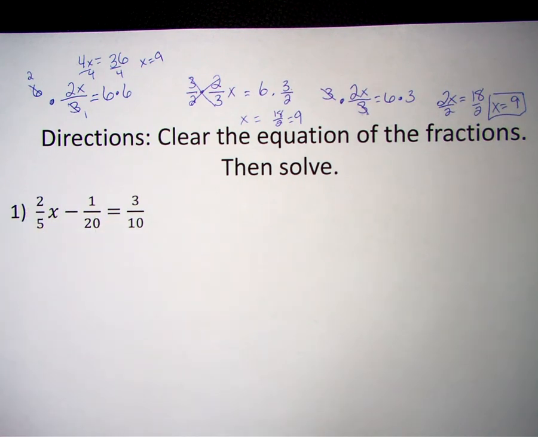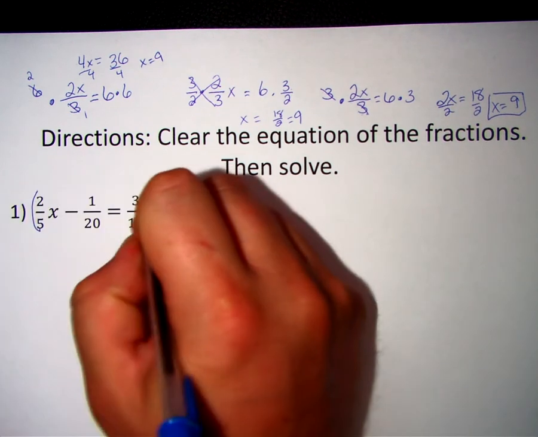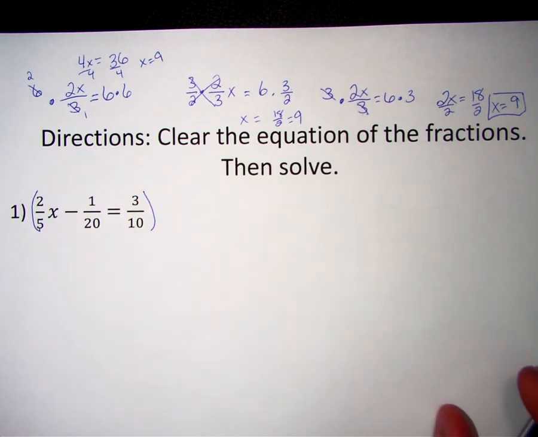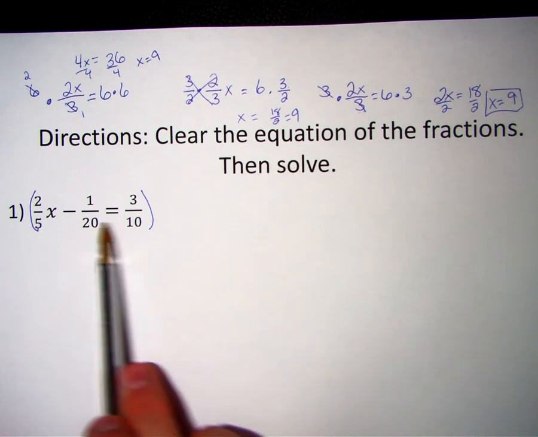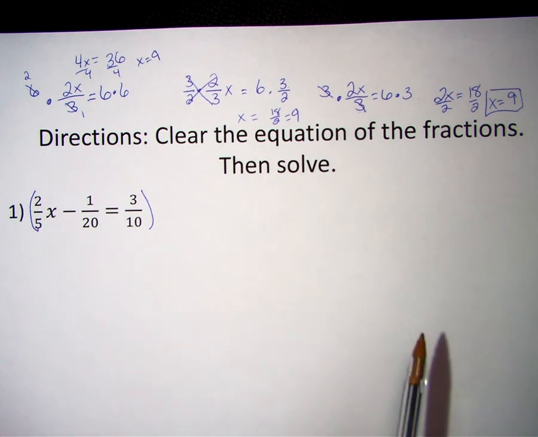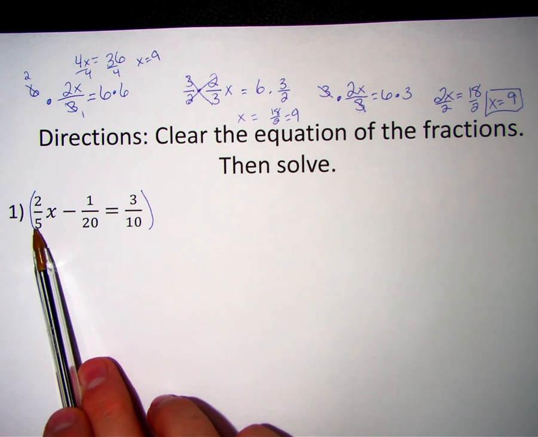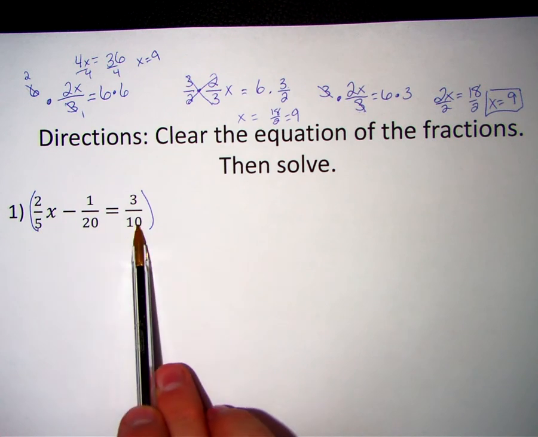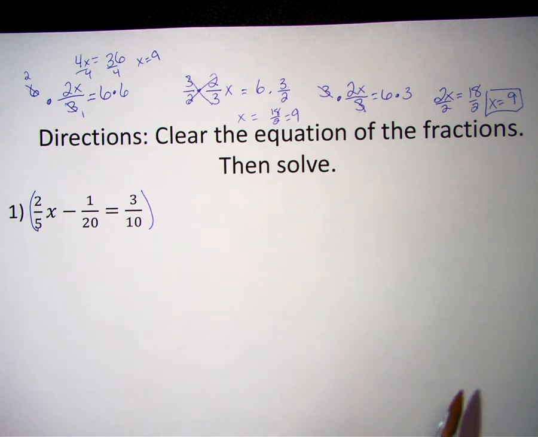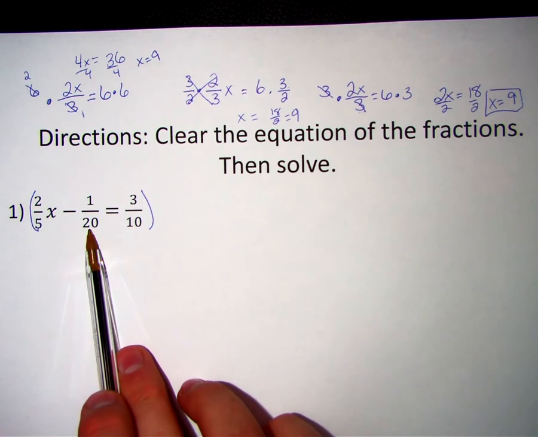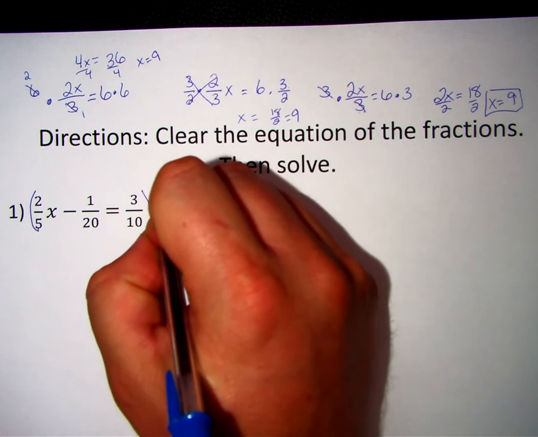Now, in order to solve this problem, we would have to find a common denominator a number of times. Or we can multiply the entire problem by a value that will eliminate or cancel out the fraction. Now I want to look at what common multiple 5, 20, and 10 will all go into evenly. Well, sure, each of them goes into 20 evenly, so I'm going to multiply by 20.